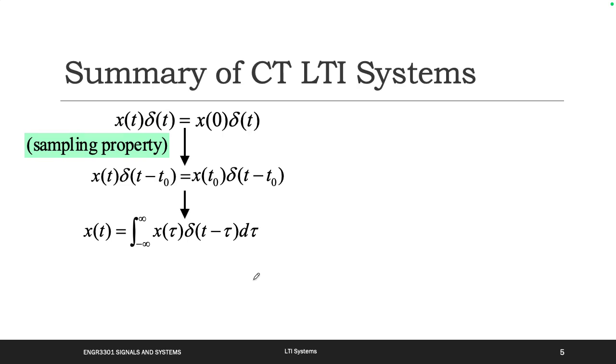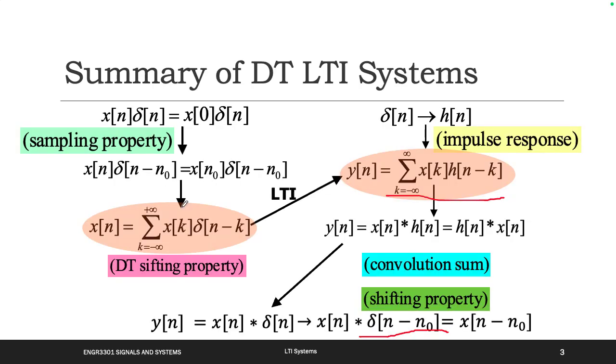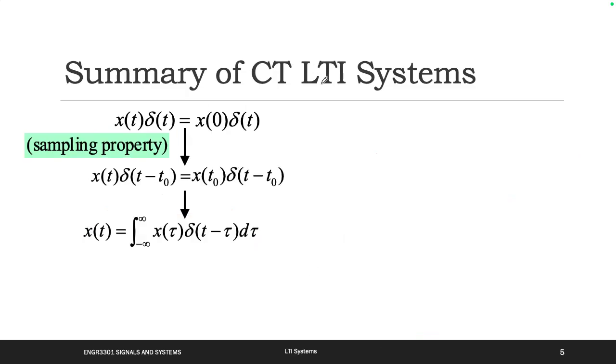If you compare this one and this one, you just use an integral to replace the summation, because these are CT signals. And this is the CT shifting property.